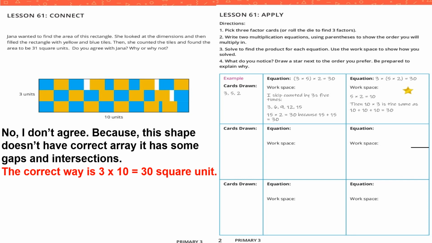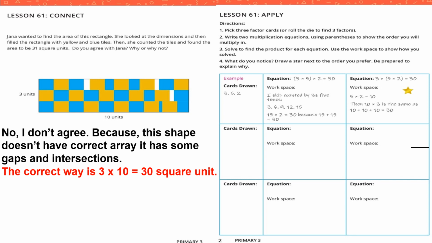How to apply the associative property? We said that we will take 2 numbers and put them between 2 brackets, and then multiply the third number. In the first way, he multiplied 3 times 5, then he multiplied 2.